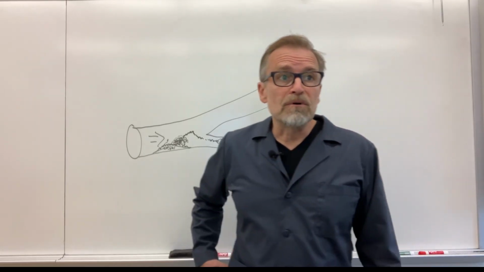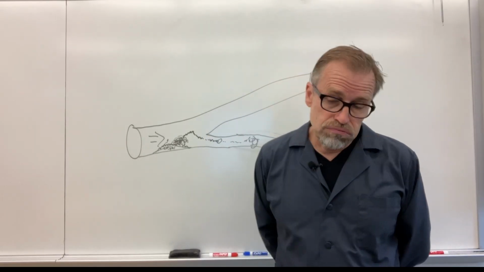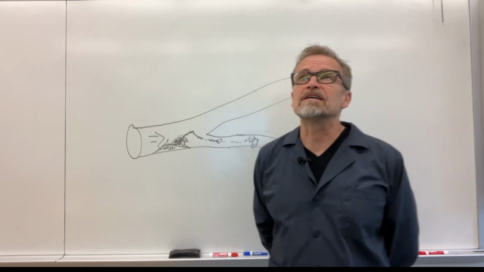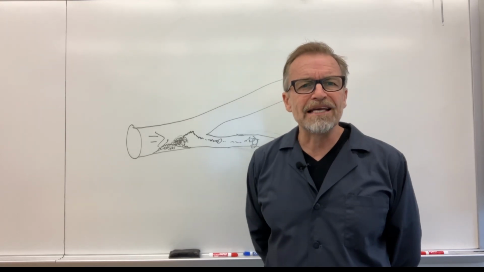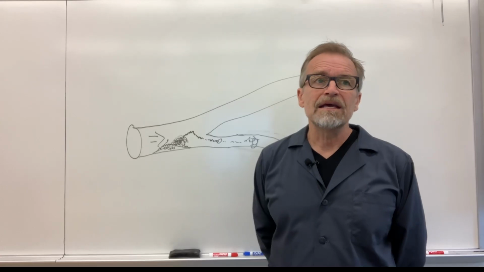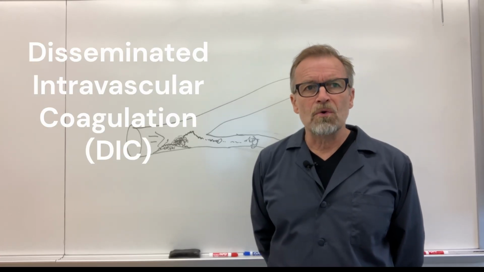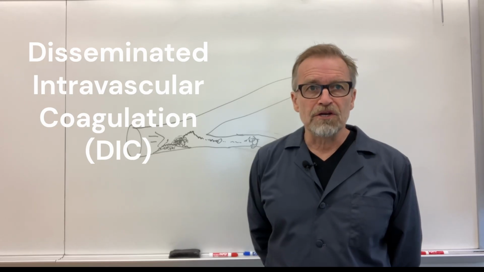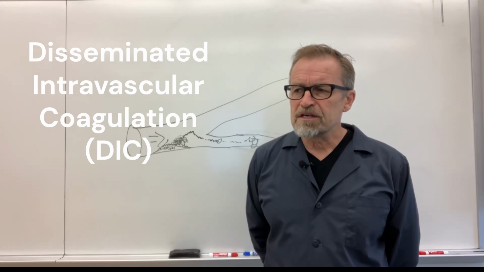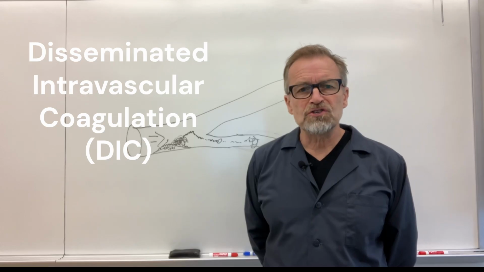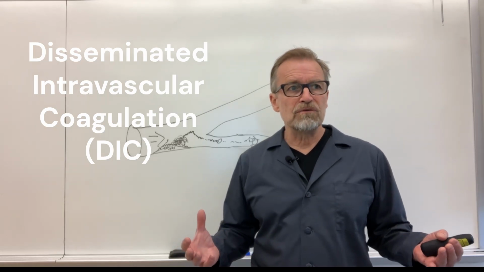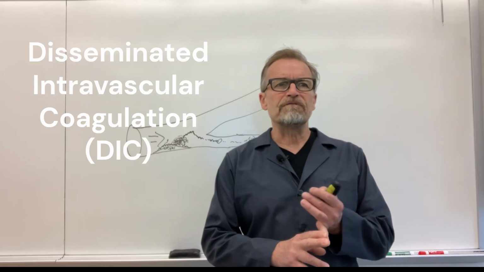Related to this is possible clotting disorders. In a really bad scenario, just to give you a sense of how bad this can get, we could have something called DIC, disseminated intravascular coagulopathy, or coagulation. In this situation, you'll have a significant disorder, and this could be caused by infection.